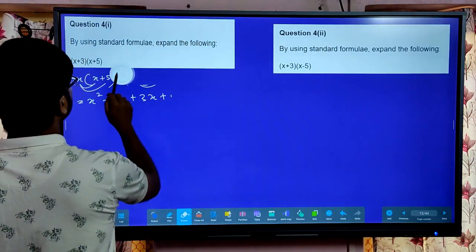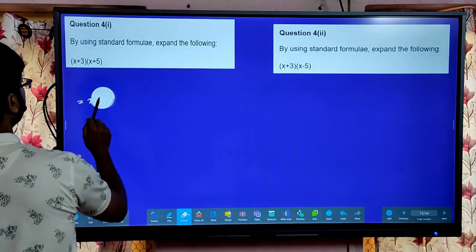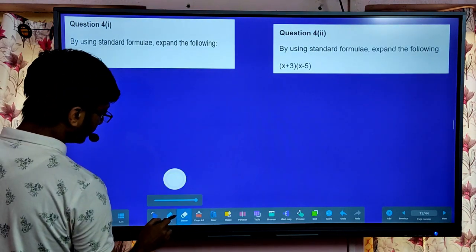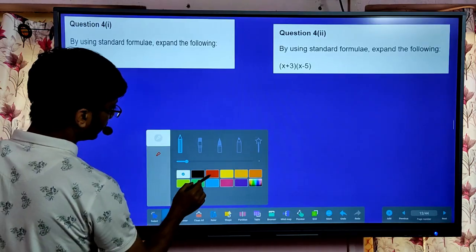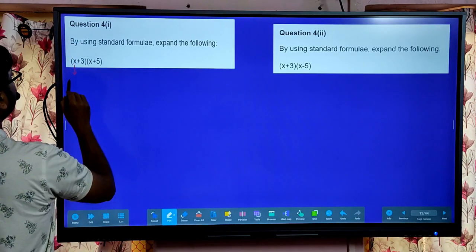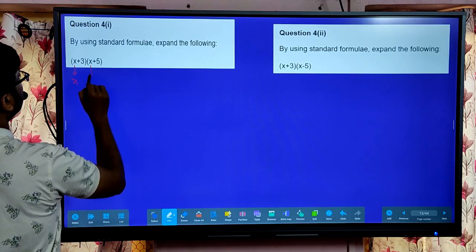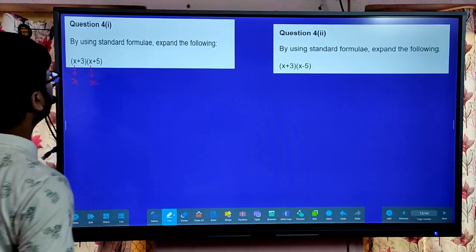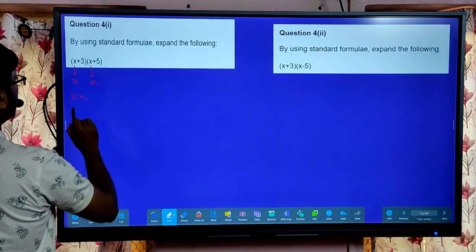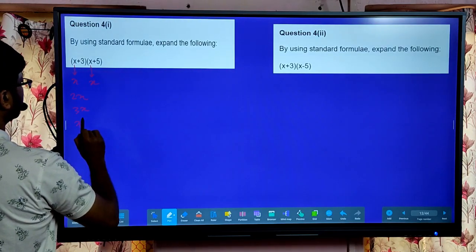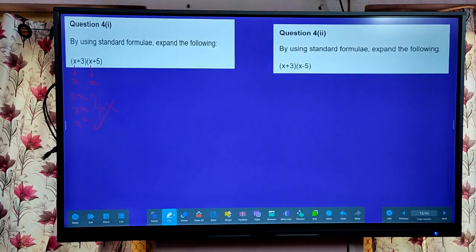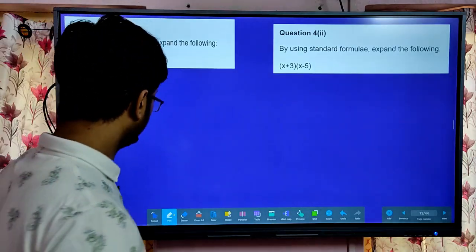Let's see how to adopt this formula, and this formula is applicable only when this x is single. It should be only x over here, here also only x. It should not be 2x, 3x, or x squared. If this happens, we cannot use the formula which I am going to teach you now.